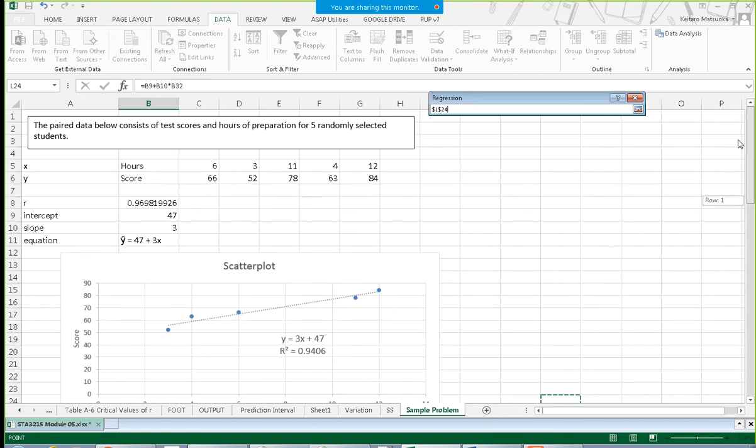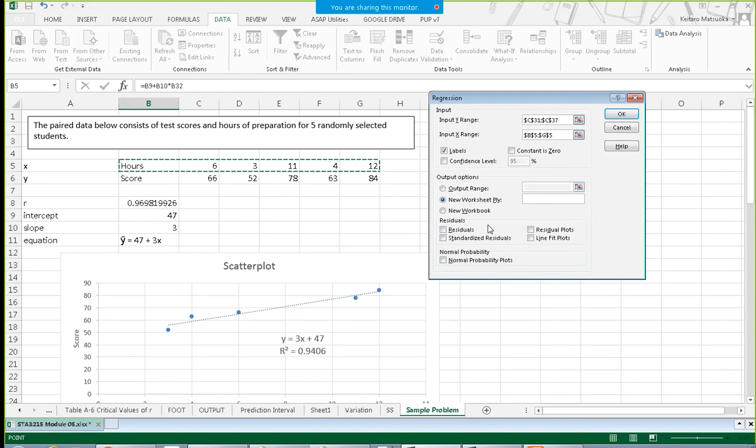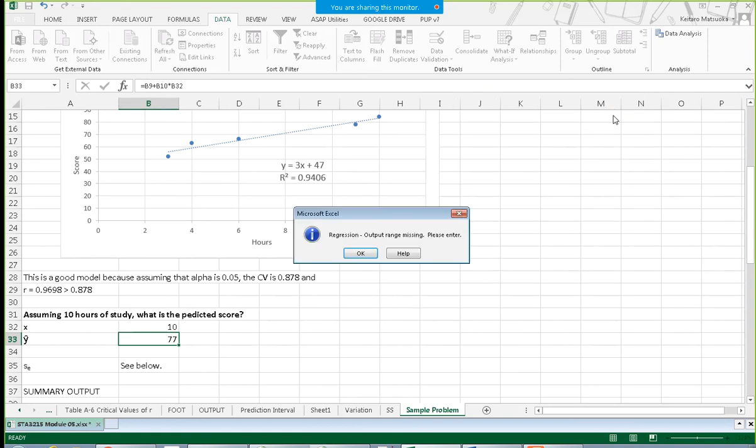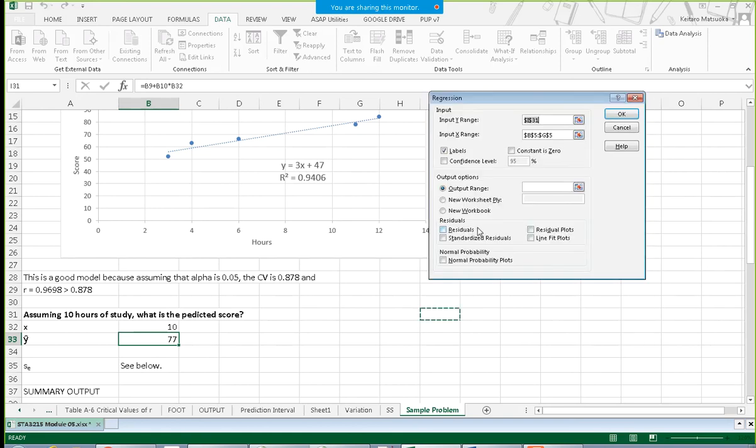We want it to be here, comma, oops, not comma. X range is here, enter. And for the example here, I'm just gonna output out to here. You don't have to, you can do whatever you like. But, okay. Oops.